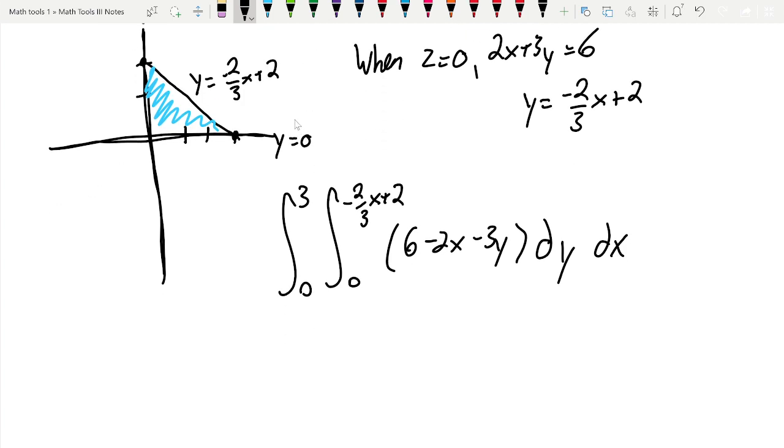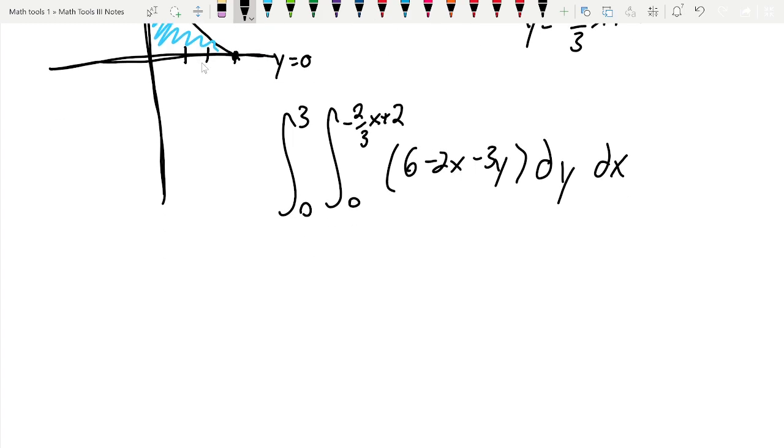If you did it in the other direction, then x equals negative 3/2 y plus 3, I think. Then it would be going dx first, and then going from 0 to 2 for dy.